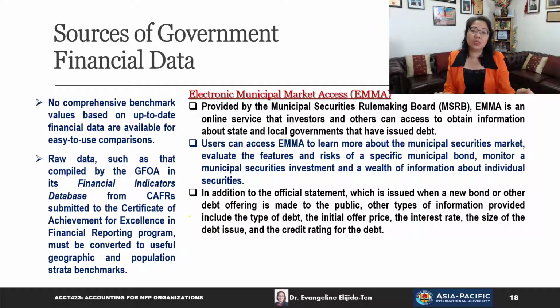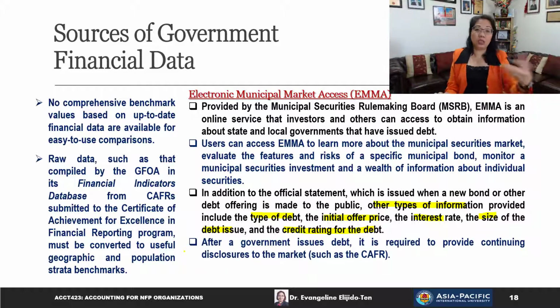In addition to the official statement which is issued when a new bond or other debt offering is made to the public, there are other types of information provided, including the type of debt, the initial offer price, the interest rate, the size of the debt issue, and the credit rating for the debt.